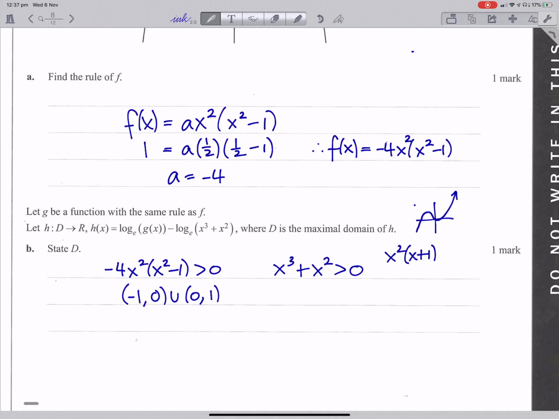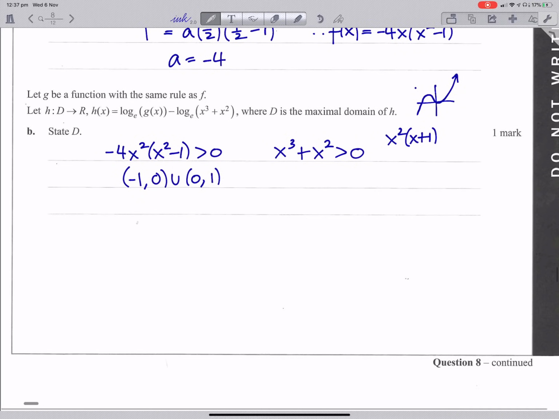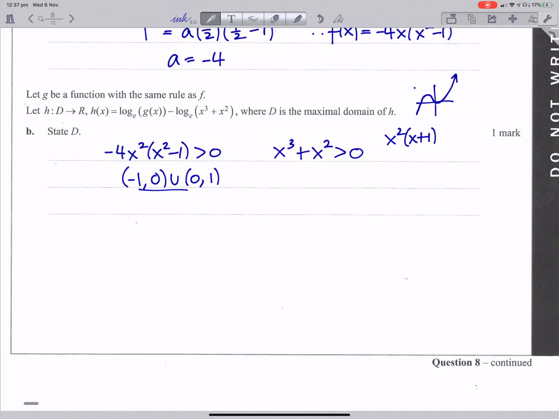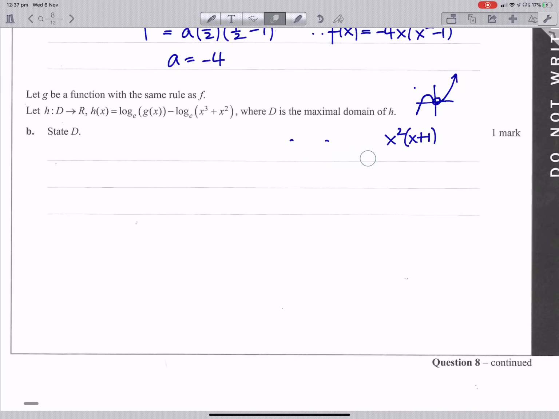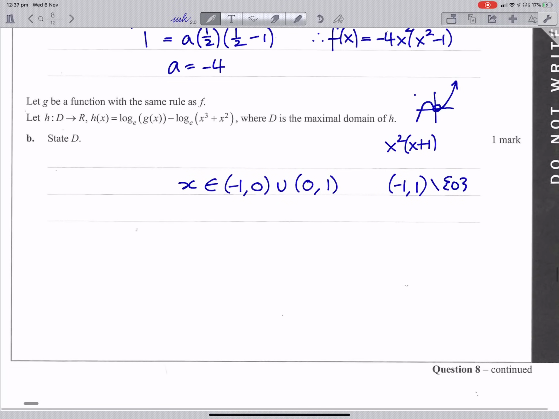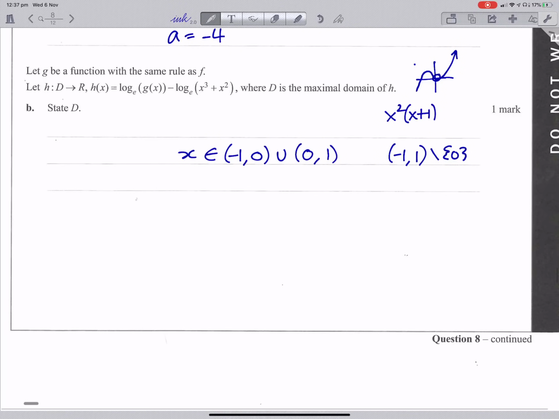Okay, so it looks like our maximal domain, if these two intersect, can be everything except for 0 from -1 to 1. So we say x is an element of -1 to 0 or 0 to 1. I could also say -1 to 1, not including 0. I should say D maybe.